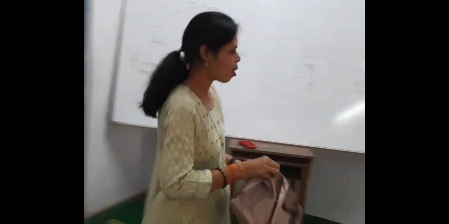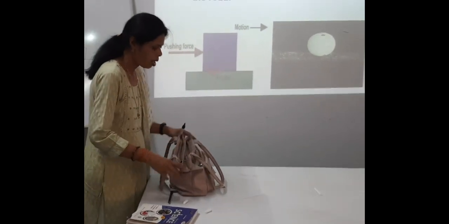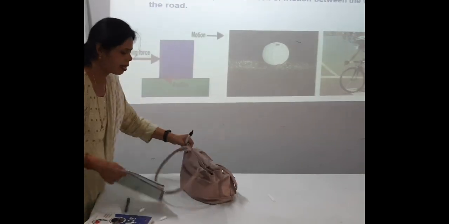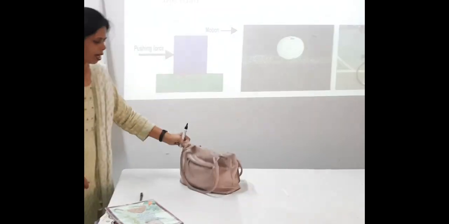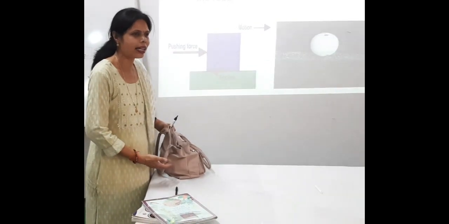For example, this is a bag. Look here. I am pushing this bag and dragging it. This is sliding friction, right? Dragging or sliding over one another is called sliding friction.